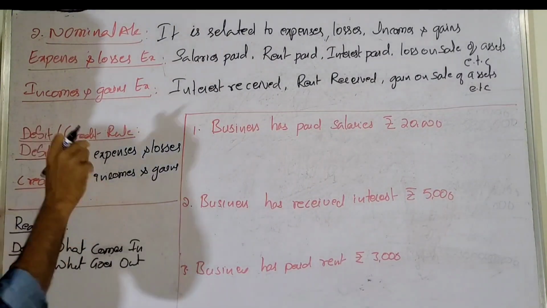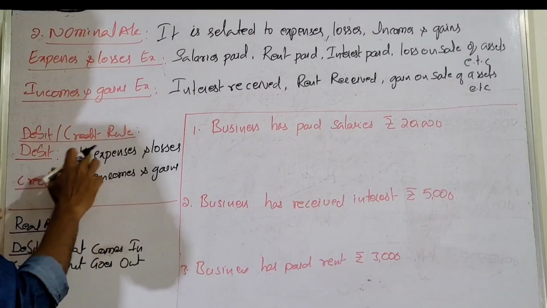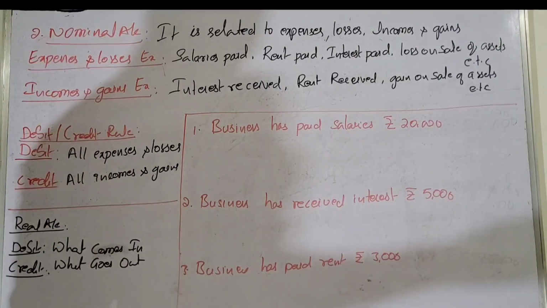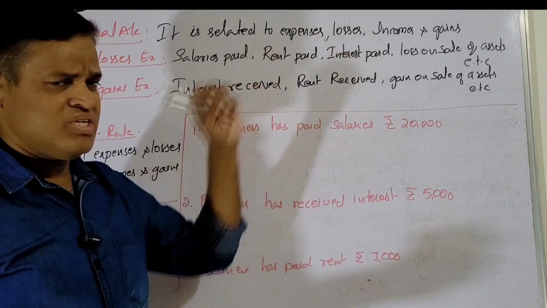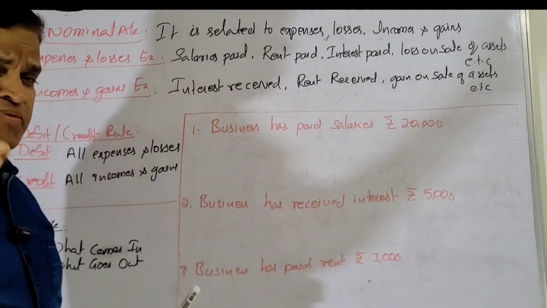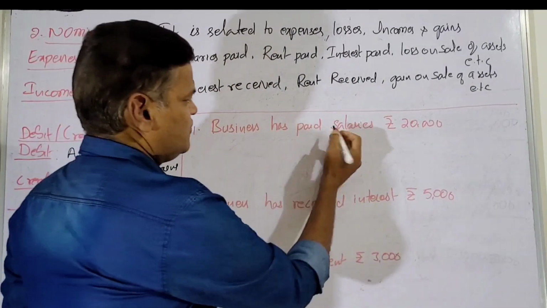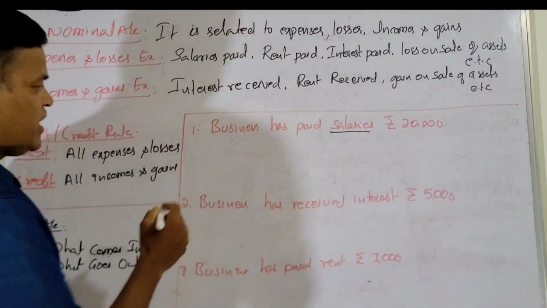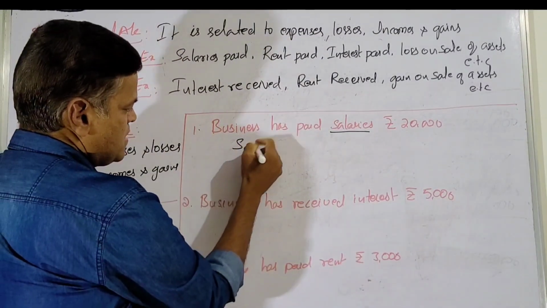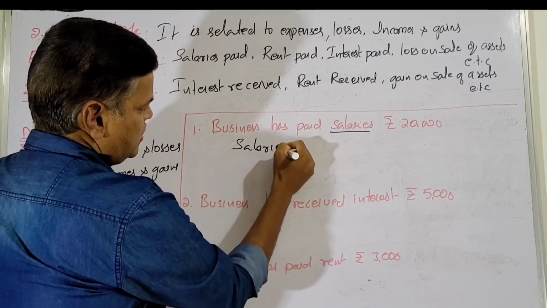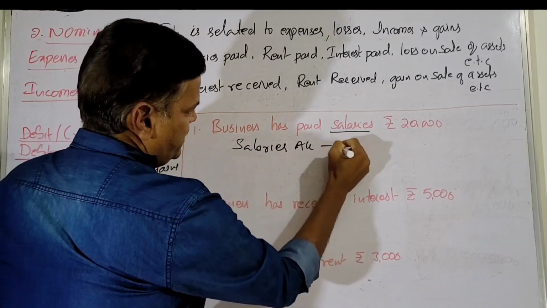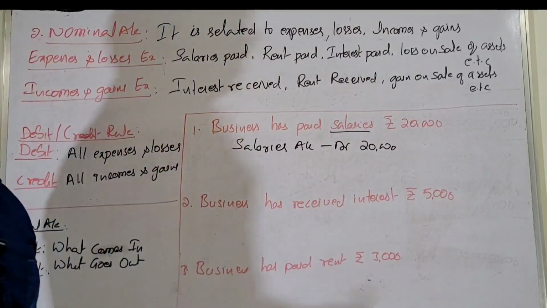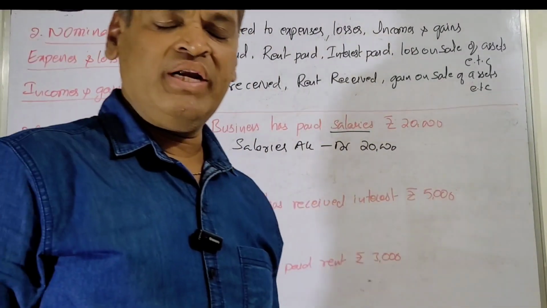According to nominal account, we have to debit all expenses and losses. We know the examples of expenses and losses. In this, is any expenditure there? Yes. What is the expenditure? Salaries. Hence we can write here salaries account debit rupees 20,000, right?